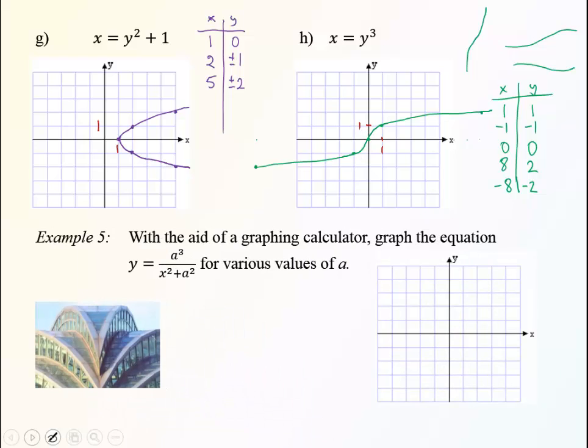The last example in this lesson is to investigate the shape of a family of functions. So this equation contains a family of functions with parameter a. A is a constant, but this constant can change, and the shape of the function will change accordingly. However, the function y is really a function of the variable x.